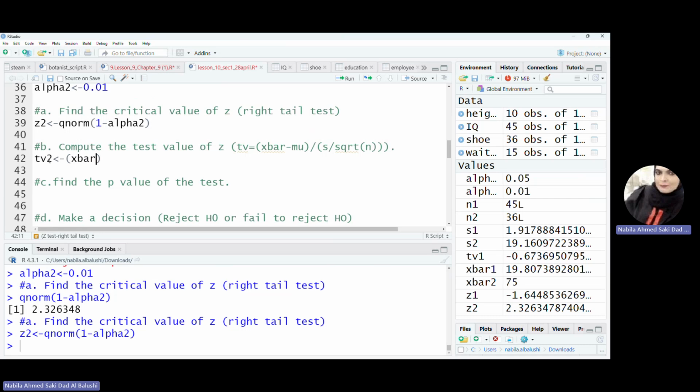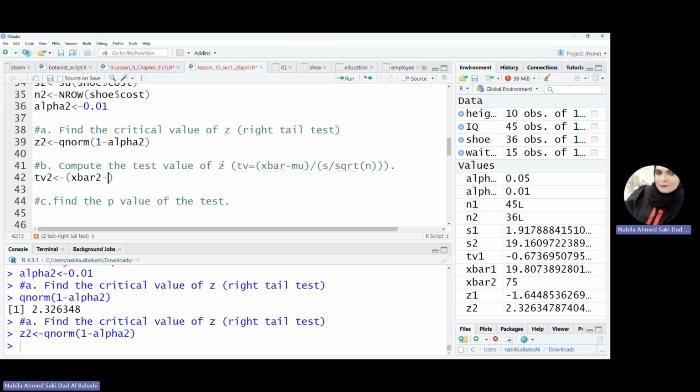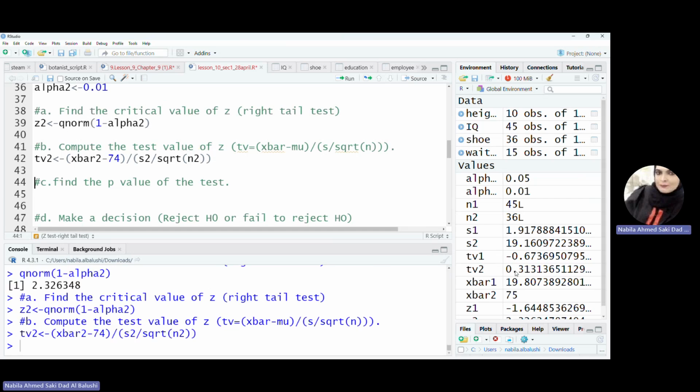So the value of the mean minus the hypothesized mean, in the question it says 74, divided by the standard deviation saved as S2 divided by the square root of N2. Save it as TV2. It's 0.313. You can see it here.